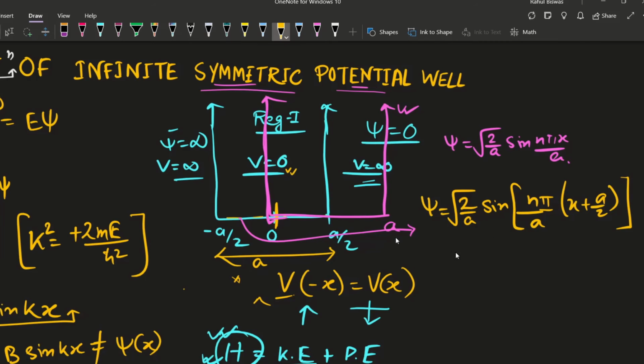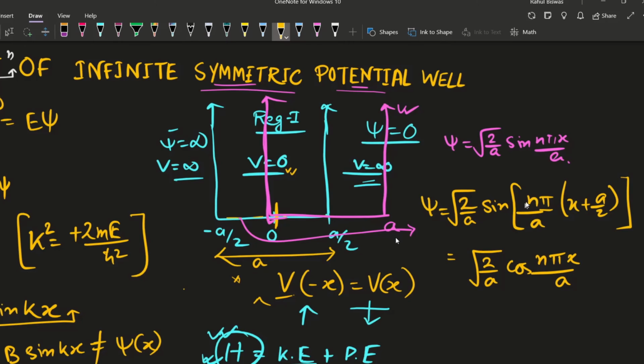So what will we get? From here you can easily understand that depending on the values of n, whenever n is odd, that means 1, 3, 5, 7, this will look like root over 2 by a cos of n pi x over a.